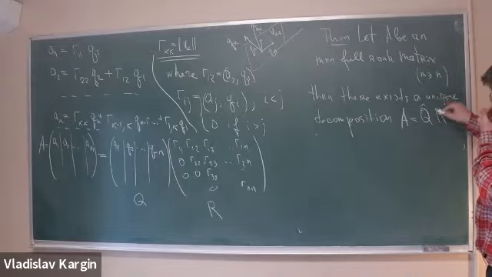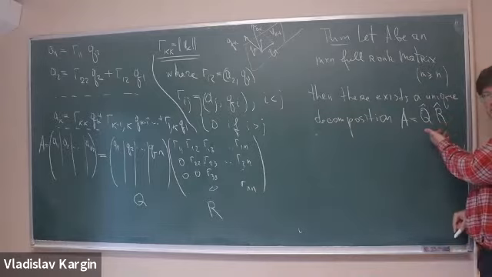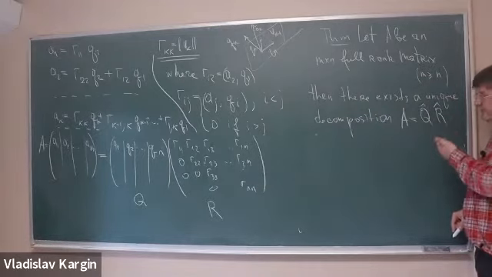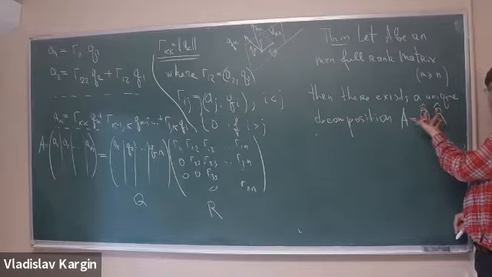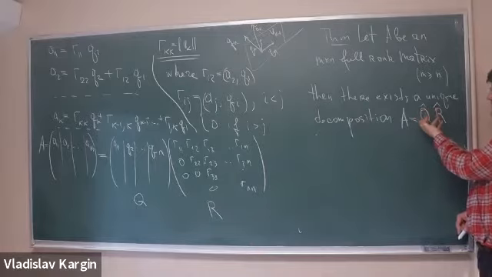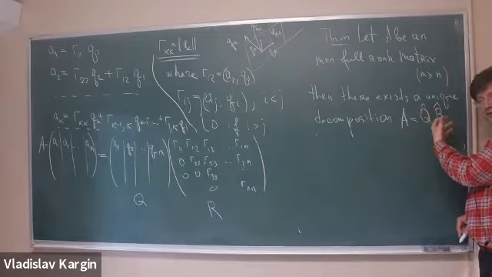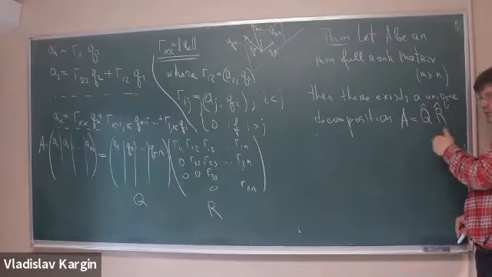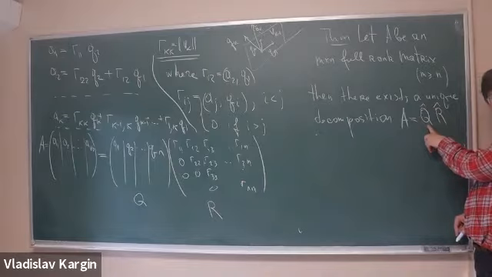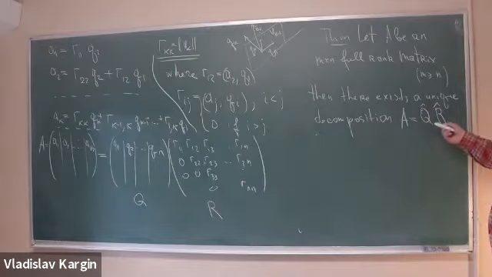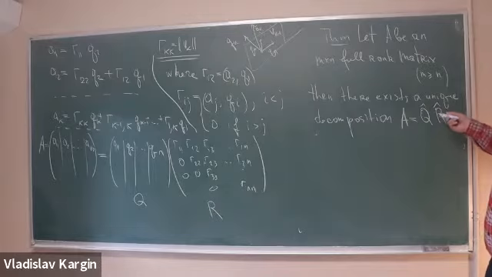Right? And here I'm following what is written in the Trefethen book. He puts these carets here, because he thinks about it as a reduced decomposition. So this is not necessarily a square matrix, so it's called reduced QR decomposition.